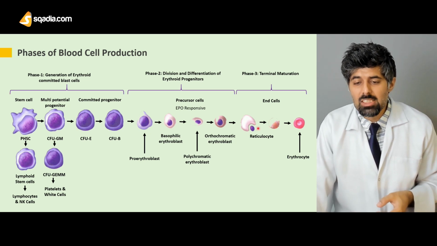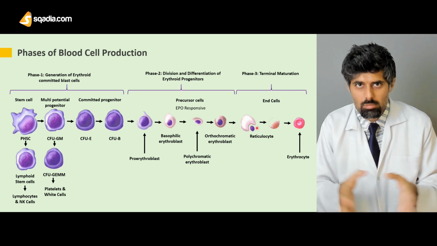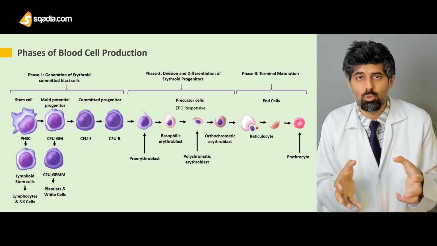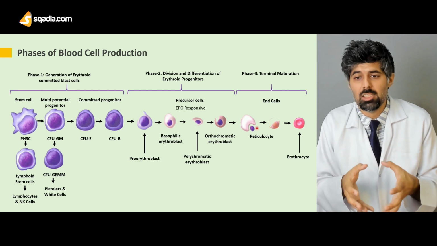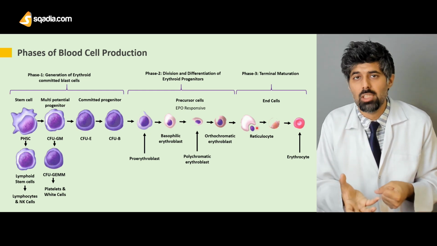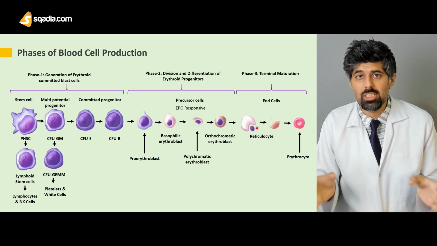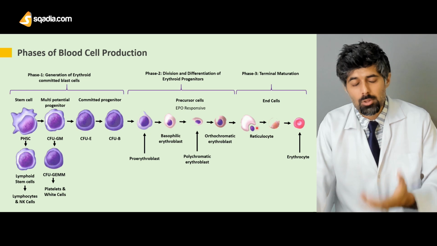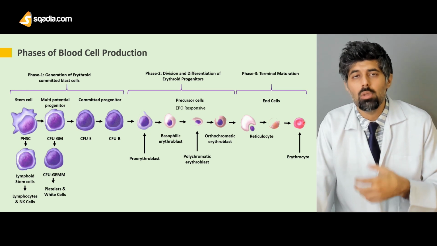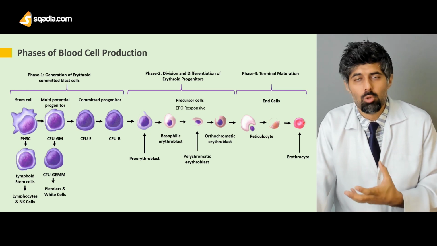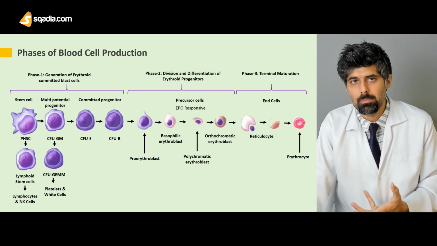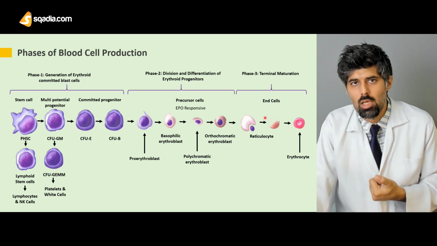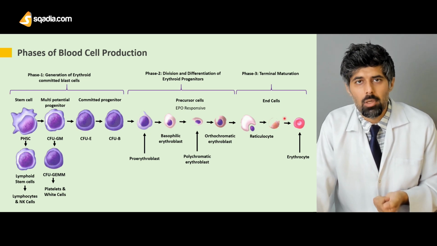When they release the reticulum outside of their cells through either exocytosis or simply releasing it, or phagocytosis, all of these three things can happen. It will then further mature into a normal enucleated RBC.